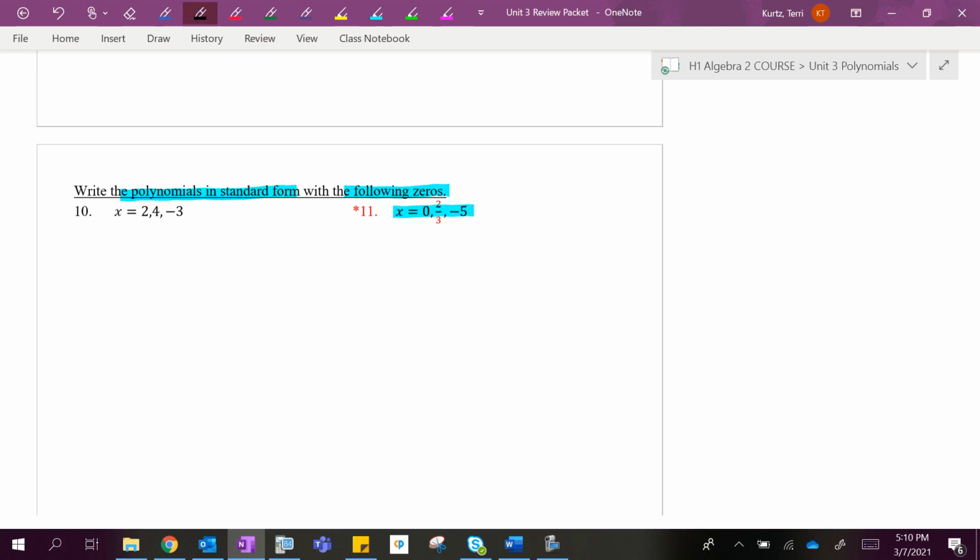We have to make the factors, then multiply them out into standard form. So remember, to do that, we plug everything into x minus. First, I'm going to say x minus 0, and I purposely chose one with a fraction, then x minus 2/3 and x minus a negative 5.